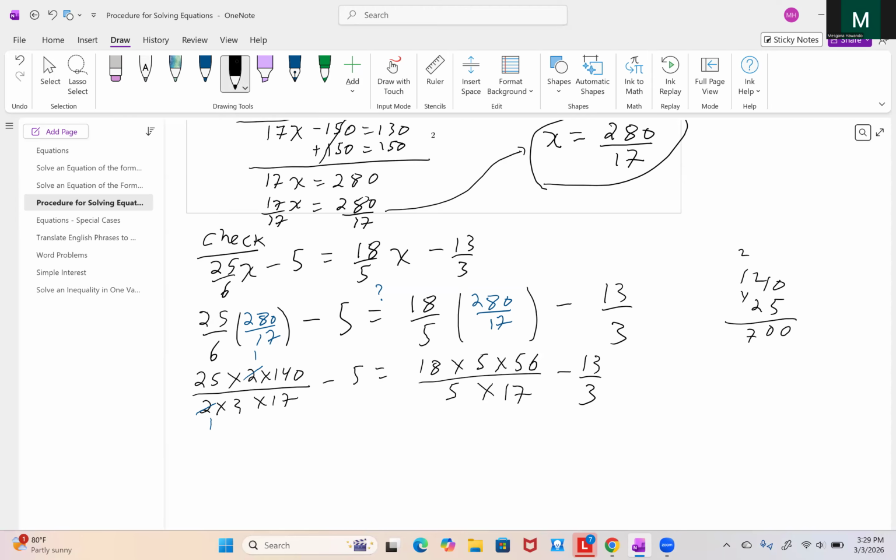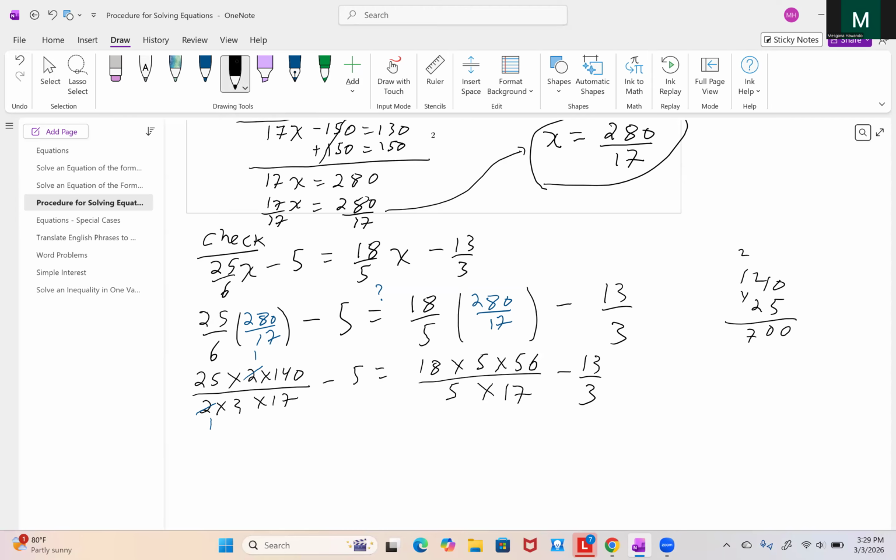So the LCD is 30. We multiplied both sides of the equal sign by the LCD. So what happens here? 30 times 25 over 6 is 125x. And then 30 times 5 minus 5 is 150. So minus 150 equal to.